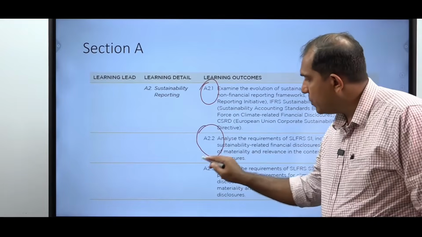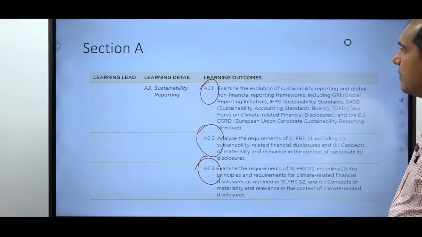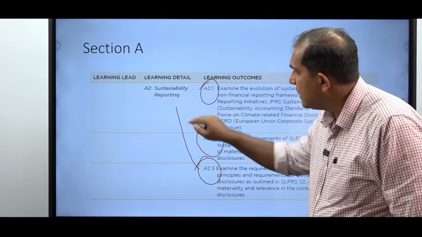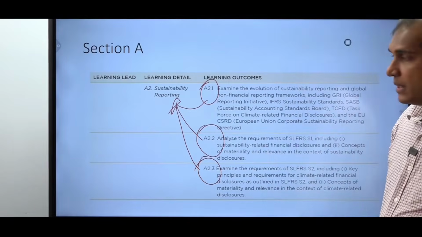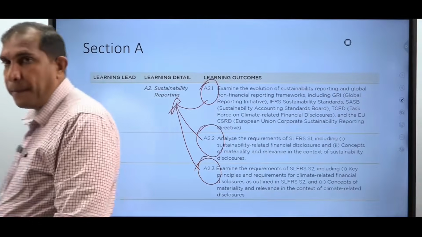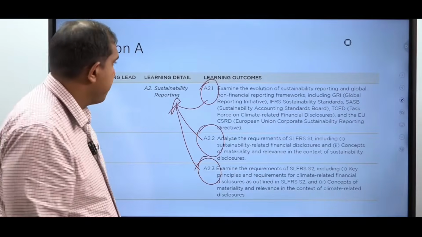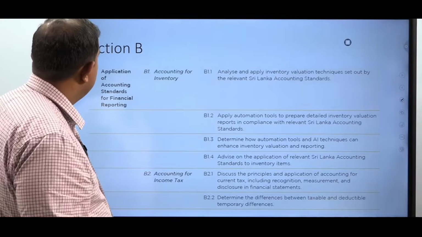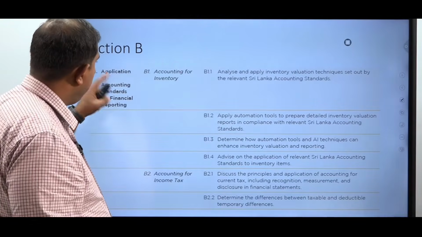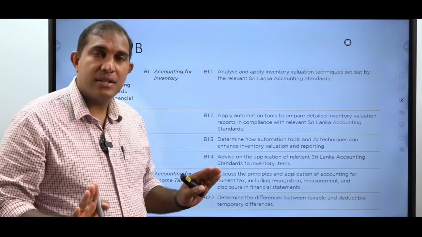A2.1, A2.2, A2.3. So these three outcomes are connected with sustainability reporting. Moving forward, section B, application of accounting standards.